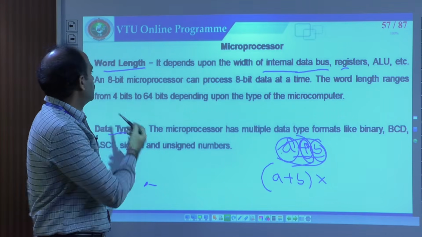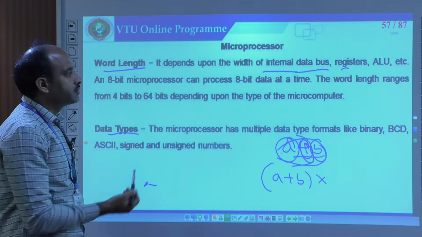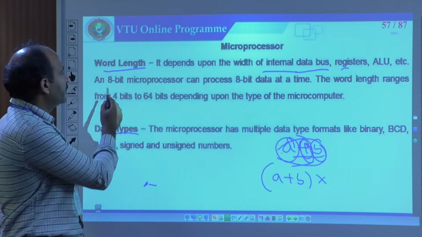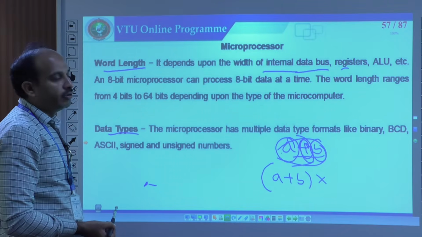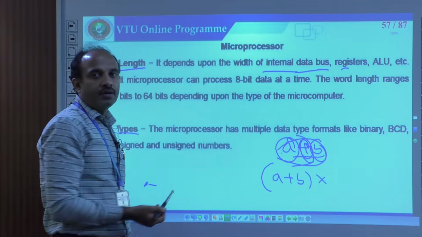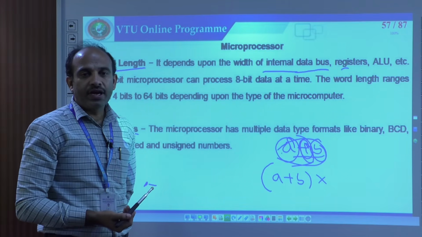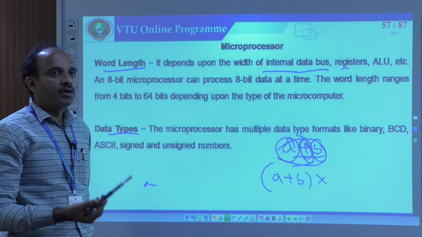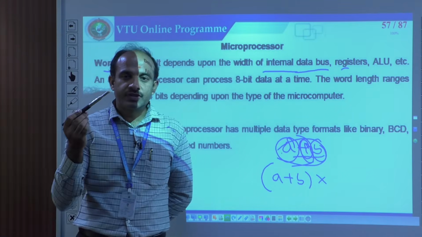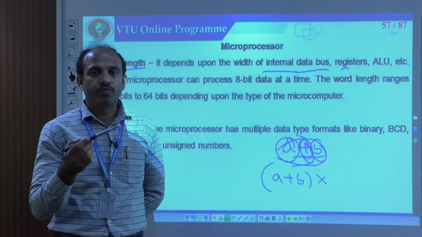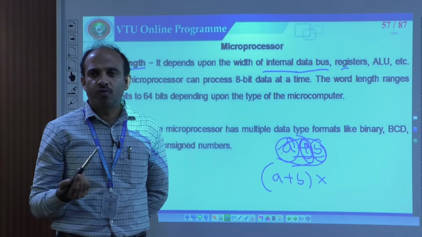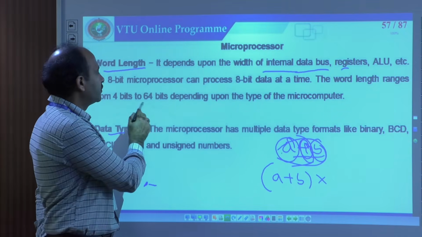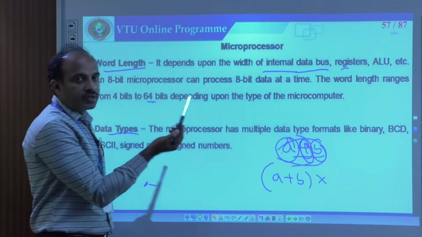Right. So now an 8-bit microprocessor. Typically we have different sizes of microprocessor. An 8-bit microprocessor will process only 8-bit data at a time, because its capacity is only 8 bits, so it cannot process more than that. Whenever you buy a system, it is an 8-bit, 16-bit, 32-bit or 64-bit processor. Most of the machines we use for personal use are 64-bit.